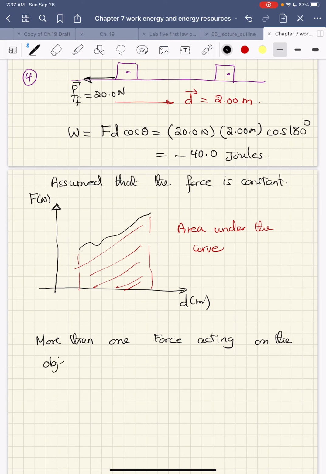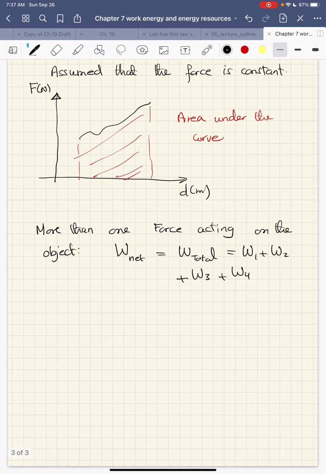And in this case, you're going to say work net or work total is work 1 plus work 2 plus work 3 plus work 4, kind of adding all the works done by all the forces.